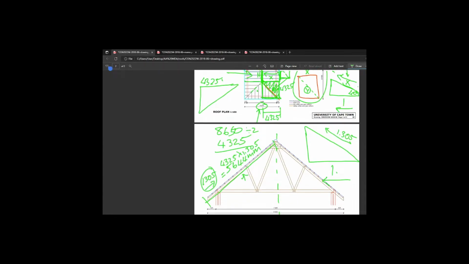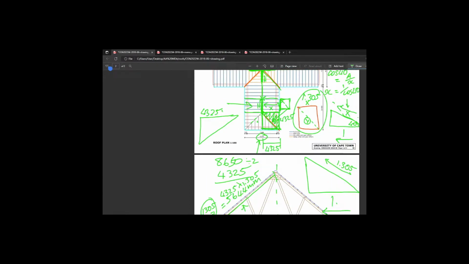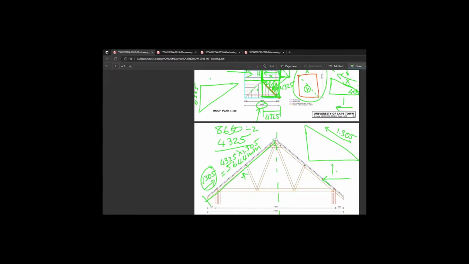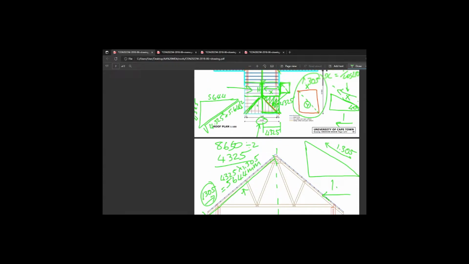Doesn't look great because I put that in the wrong place. So the 4,325 is actually a better indicator if I put it there, right? 4,325. And this slope bit is 5,644. And Pythagoras tells us 4,325 squared plus 5,644 squared will give you that valley rafter length.